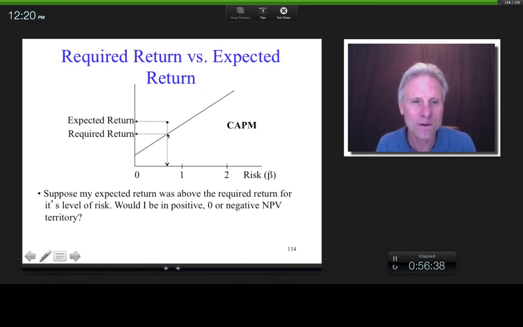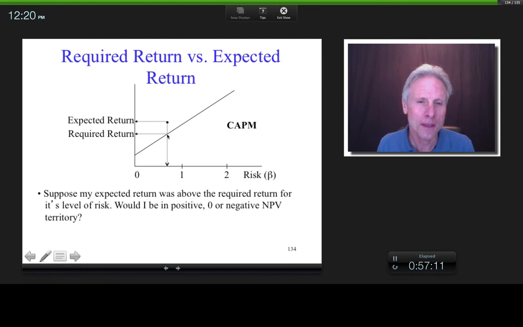But what if for some reason you personally expected something higher than what was required? So you bought Apple stock and the required return just to break even was, say, 10%, but you had information, or for whatever reason, you expected 15%. Would that motivate you to buy Apple stock? It would, right? Because you're expecting something bigger than what the market required given the risk inherent in Apple.